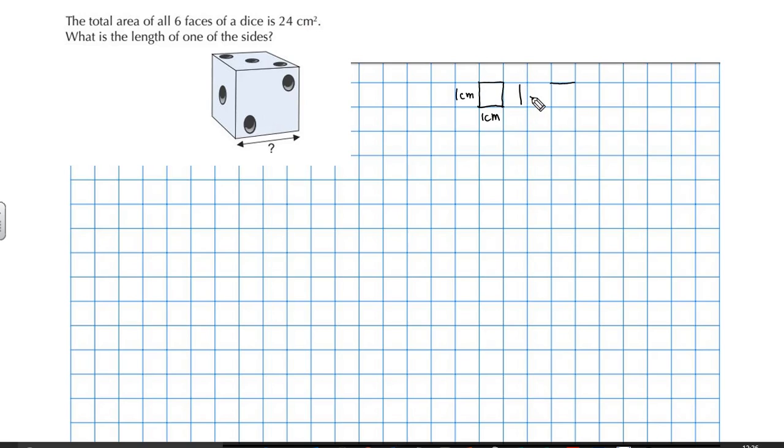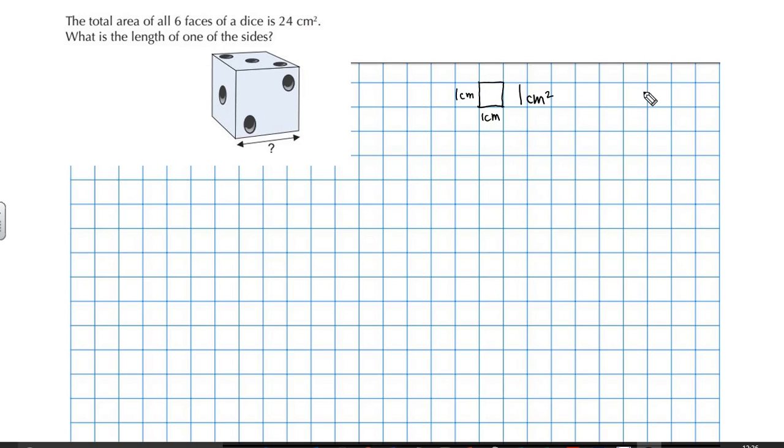I'm just going to rub this bit out there. When I'm asked to calculate the area of a 2D shape, what it's asking me to do is to figure out how many unit squares are inside my shape. In this case, my units are centimeters.